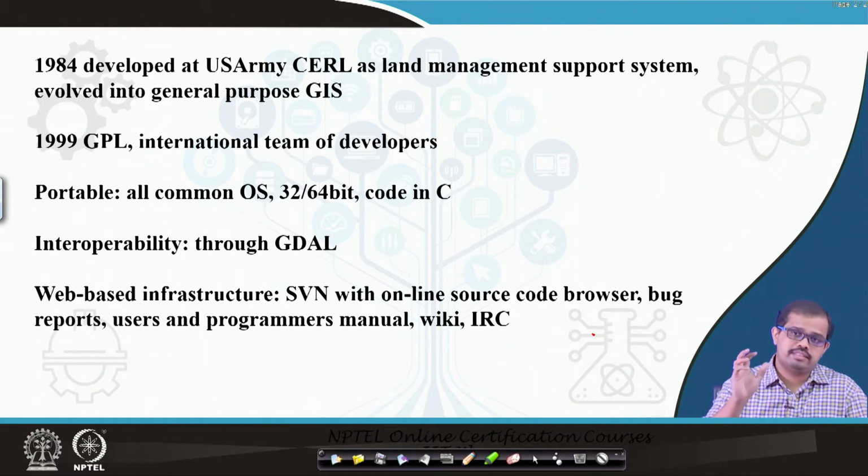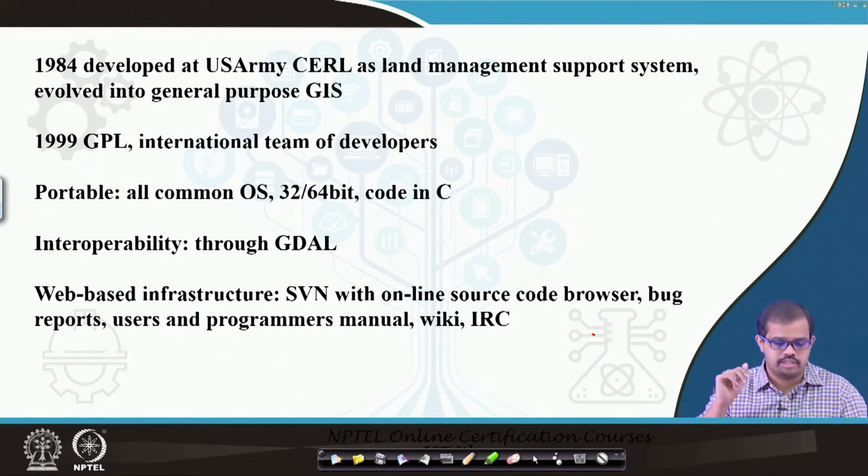Only thing is that please see what kind of architecture your particular system supports, whether 32-bit or 64-bit, and use this particular software. Most of it is coded in C. It has interoperability through GDAL. It extends interoperability to other software through GDAL.